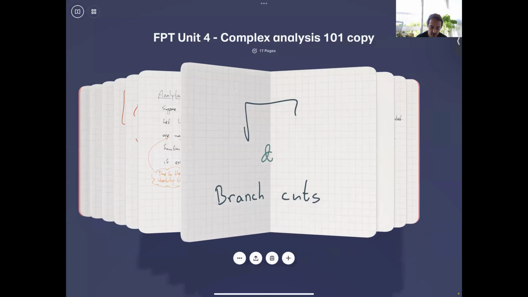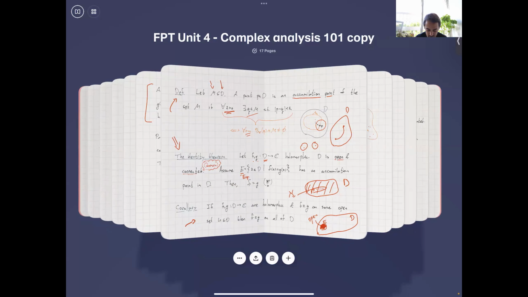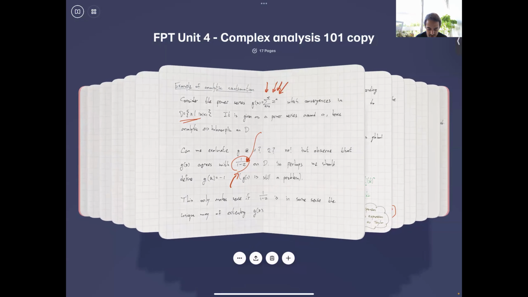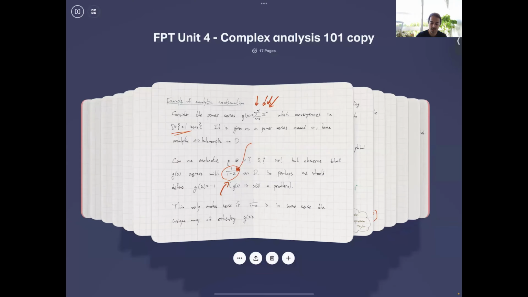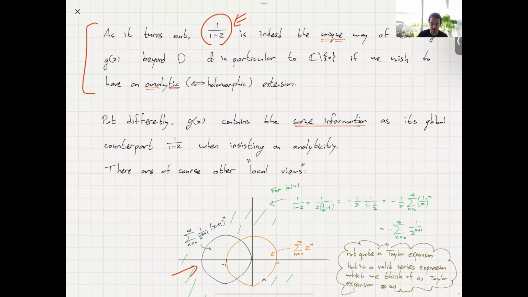So maybe in our example, we had this G of Z, which was the sum of Z to the N, and I have a picture here. We know, because we know things from high school, that 1 divided by 1 minus z is analytic everywhere in the complex plane except for one. It's also not so bad. It has what's called a simple pole there. It's not crazy bad behavior.